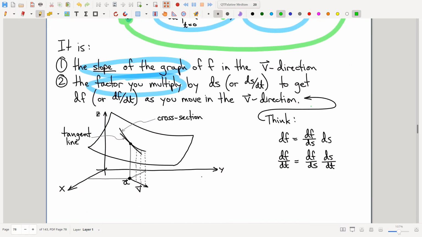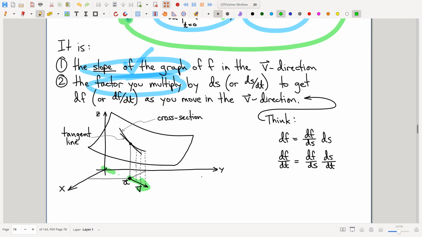Now I am going to point out a pretty cool notation. I think the slope of the graph thing, by the way, is a pretty easy interpretation. Again, we're moving in the direction of some vector, not in the direction of the x-axis, not in the direction of the y-axis, just some other unit vector.